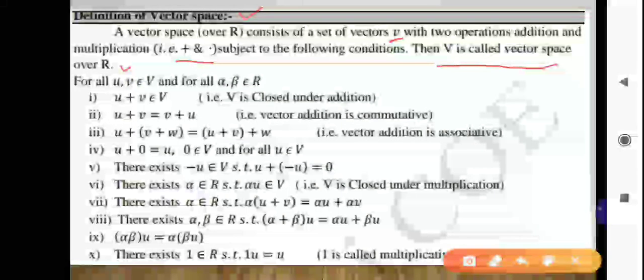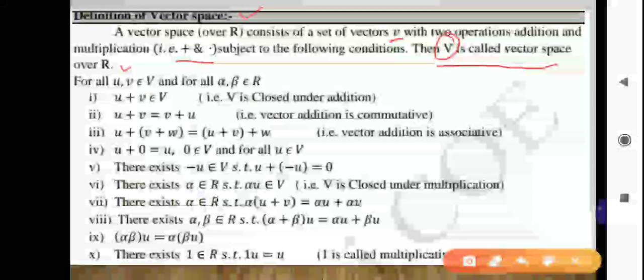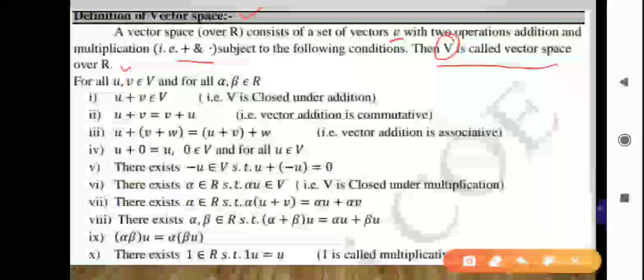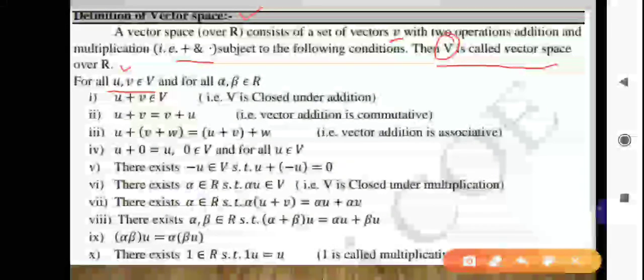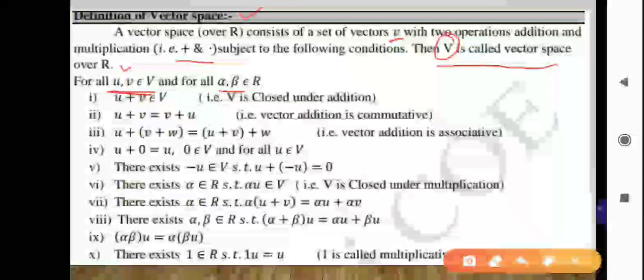When the elements of this capital V satisfy these below 10 properties, then V is called the vector space over R. So, which are these 10 properties? One by one. If we consider small u and small v, these are elements of capital V. Capital V is a set of elements, and let small u and small v be elements of capital V, and alpha and beta be elements of R.